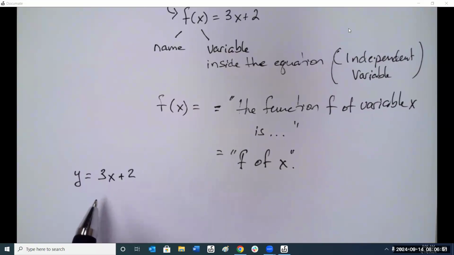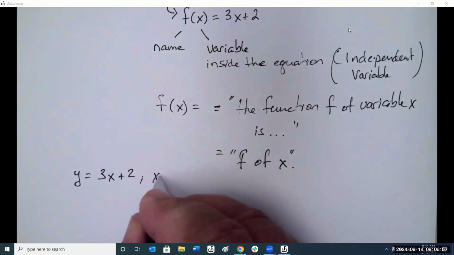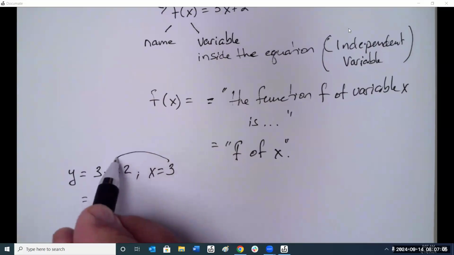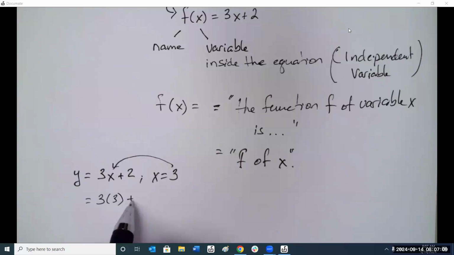So if I give you this equation, in order for you to be able to tell me what y is going to be, I have to say when x equals, let's say 3. So now once I define that, I go here and replace the x with the 3.